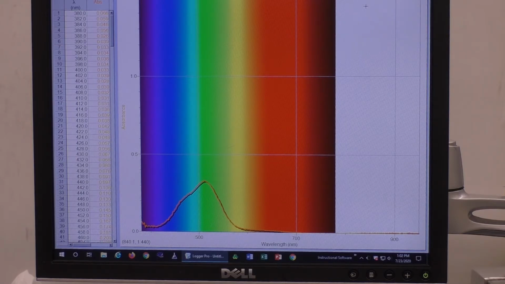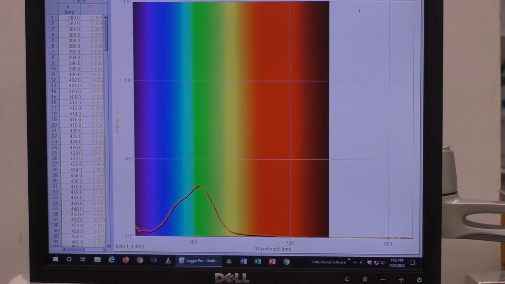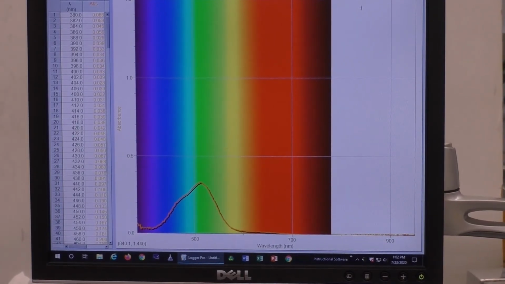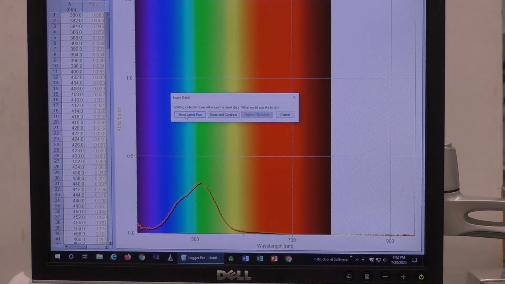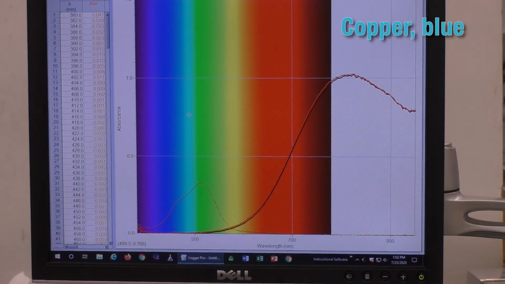So we're going to go through and just now do the rest of them. And I'll just keep a focus on the screen. So the next one we're going to put in, this is blue copper. These are the wavelengths absorbed by blue copper. That's interesting, it absorbs a lot in the red. All right, we're going to go to the next one, which is the yellowish orange iron solution.